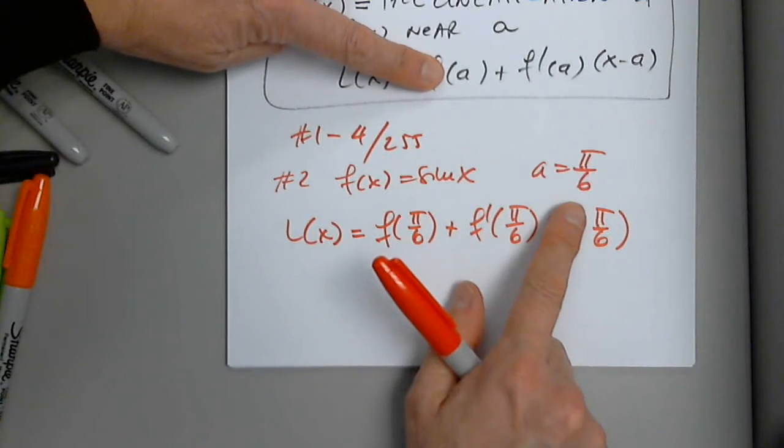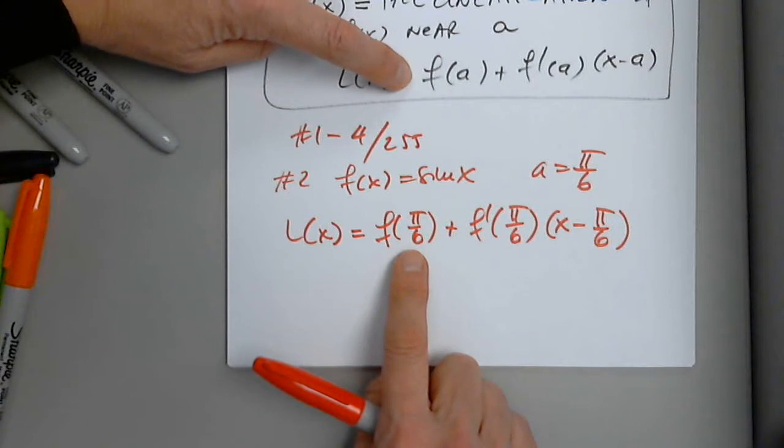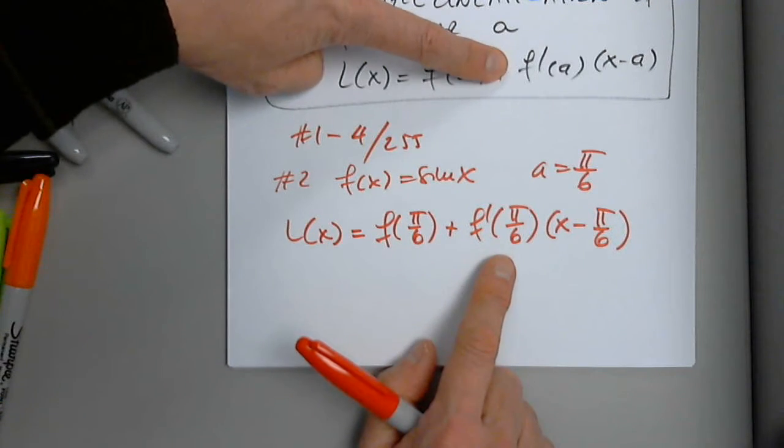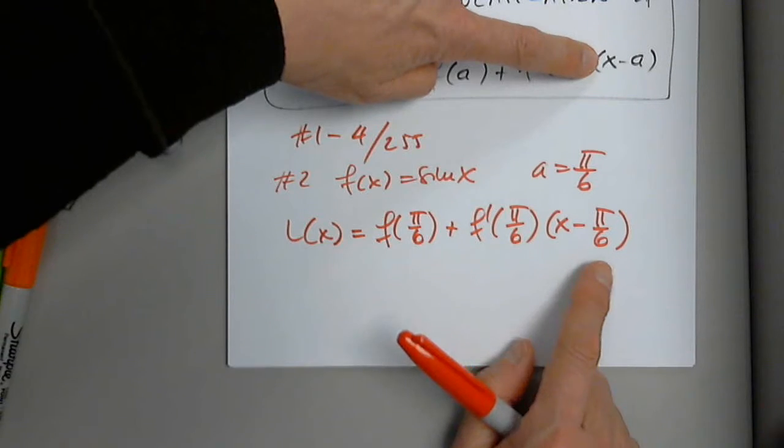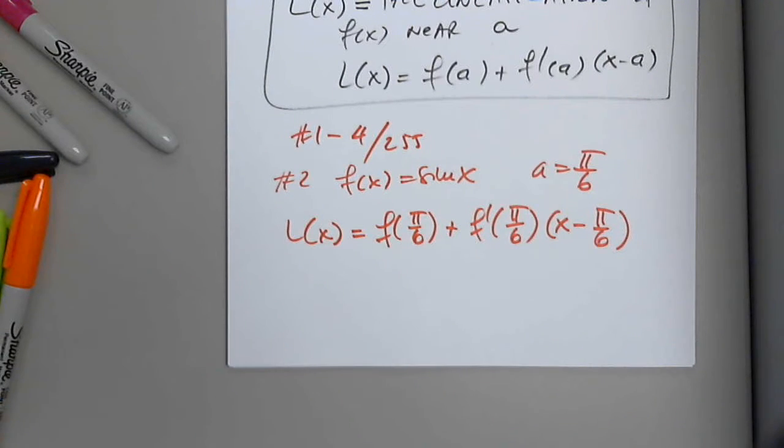This time a is pi over 6. So I'm asked to find the line that approximates sine x near pi over 6. If I'm not too far from pi over 6, I can plug in x in here, and I will find not an exact value, but pretty close.